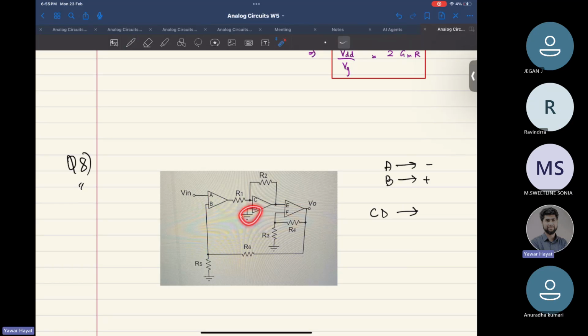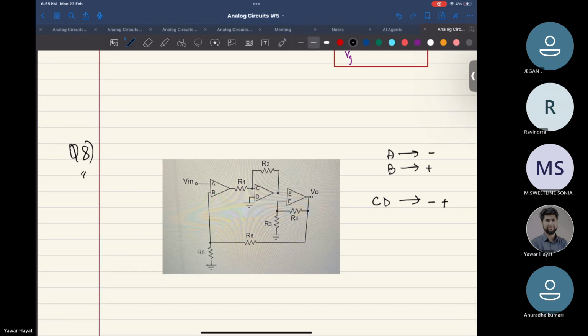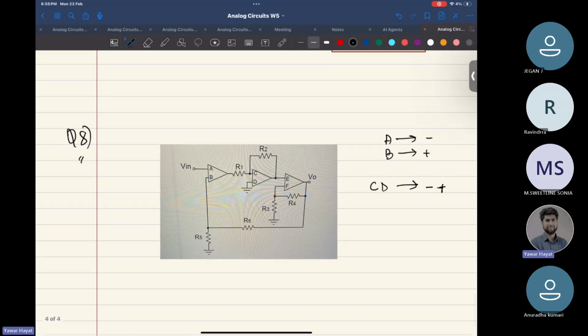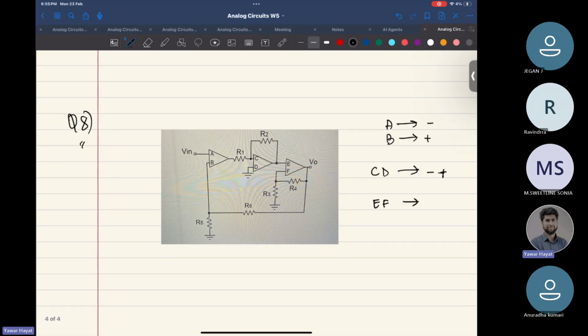Well, D has to be positive, right? And this needs to be negative. So CD would be negative, positive, inverting, non-inverting. Likewise, what would EF be? F needs to be inverting. So this would be plus minus. Is this correct?